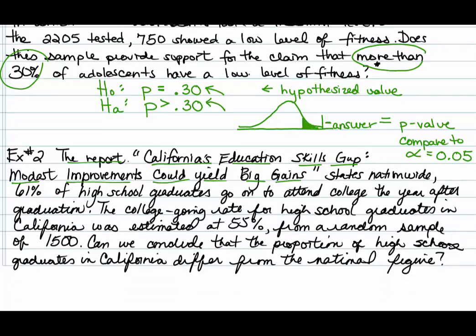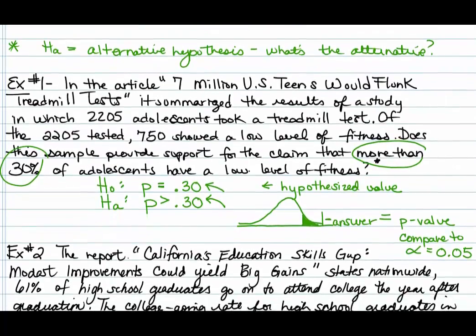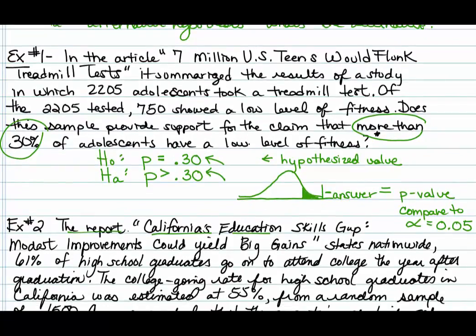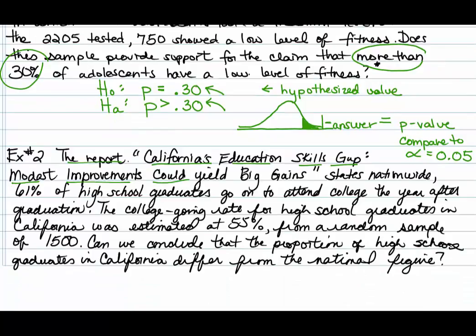So I'm going to try another one too. When I read this one, it says the report of California's education skills gap, modest improvements could yield big gains, states that nationwide 61% of high school graduates go on to attend college the year after graduation.